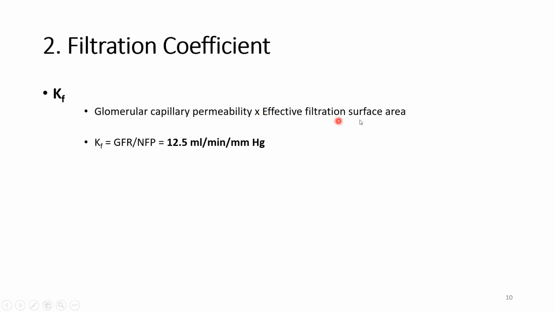Multiplied by surface area. So there are diseases in which there is loss of glomerular membrane. So in that the surface area actually has decreased. So if you have a decrease in surface area across which the filtration is happening, naturally the GFR would decrease.